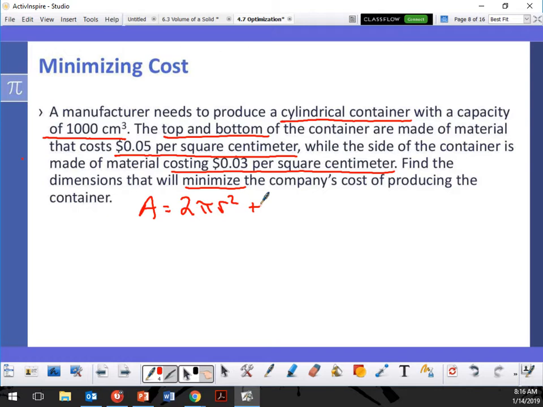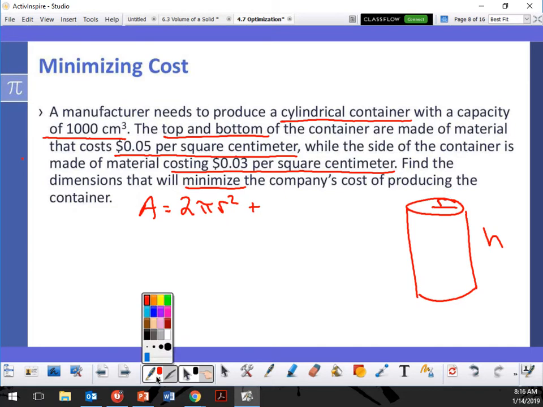But now, I'm going to sketch this right here so you guys can actually see this part. Now we're talking about the sides of the container. I know this is the height, right? This is the radius. But now, going around, if I were to lay this out, it would look like this.